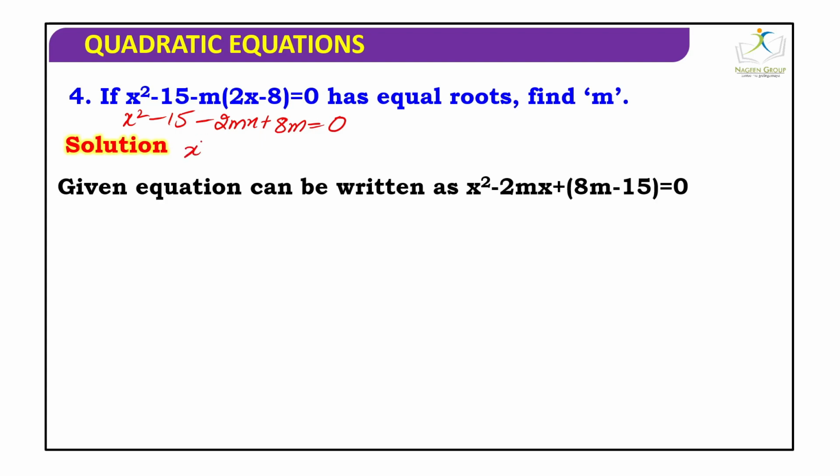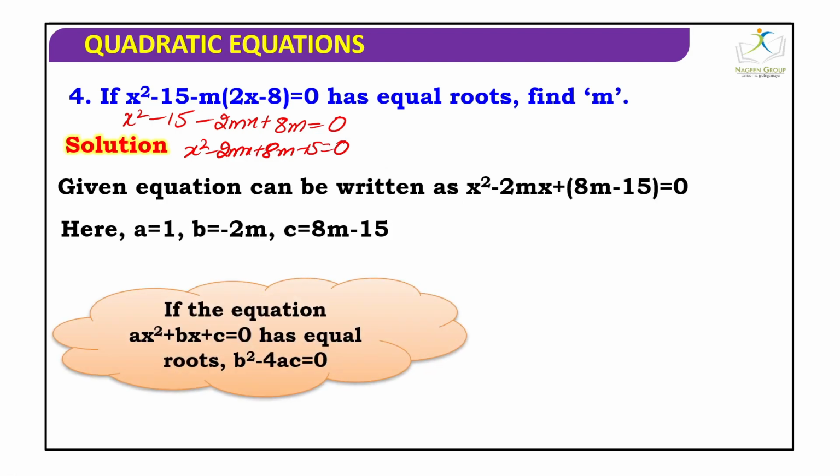From this, x² − 2mx + 8m − 15 = 0. We can compare it with the standard equation ax² + bx + c = 0. So the value of a is 1, the coefficient of x is −2m, and the constant term is 8m − 15.